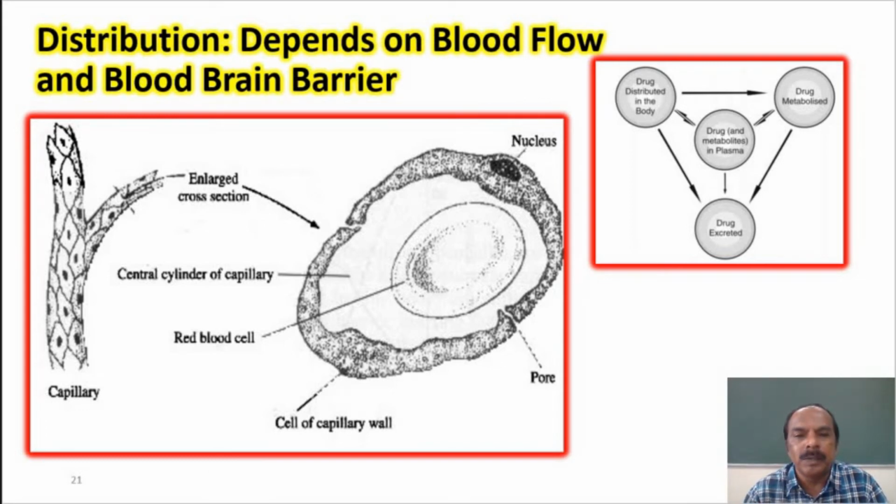For example, if you have a pain in your toe or in your leg or in your feet, you take the drug in your mouth. The drug travels all over your body and also goes to the place where it is affected. So these are called general drugs.